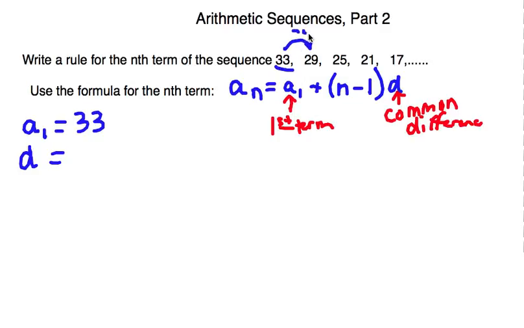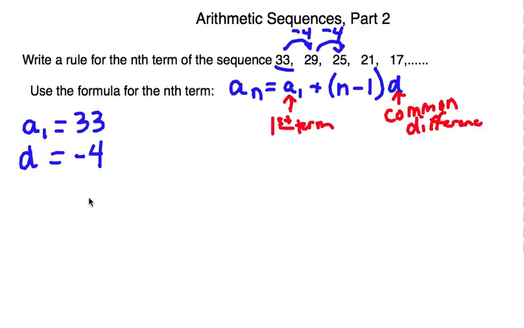Well, we're decreasing by 4. 33 minus 4 is 29. 29 minus 4 is 25, and so on. So our d equals negative 4. Please make sure that you put negative because we are talking about going down. We're not talking about increasing. So if you put positive 4, it's going to give you an incorrect rule.